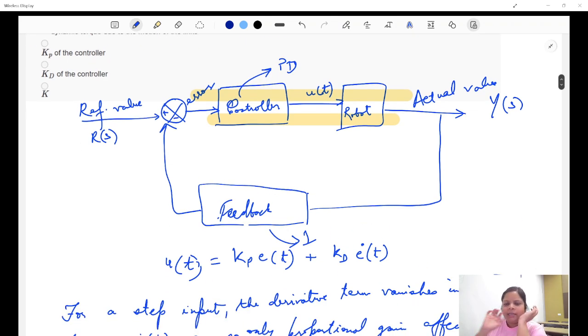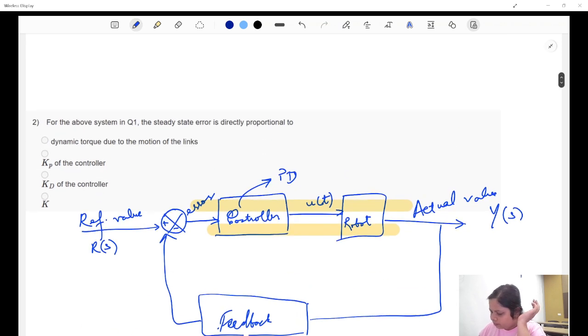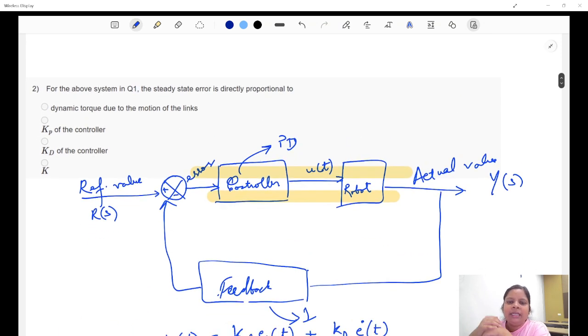The characteristic equation here, which was in question 1, gives dynamics, but steady state error depends on system type and input. In the case of the single link robot, the system is second order and the control input torque must overcome the dynamic torque caused by inertia and link motion. That is the dynamics of rotating bodies.